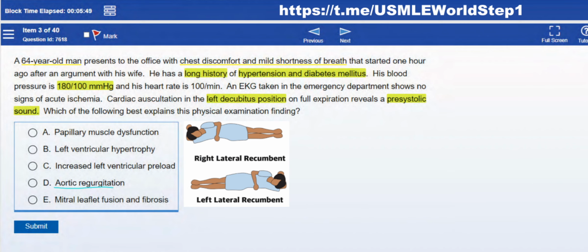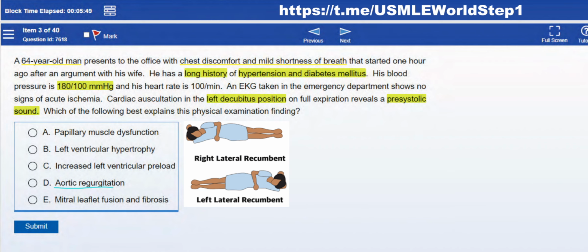Why not the other options? We will discuss each and every one. Why not option A? Papillary muscle dysfunction is usually associated with a murmur, not a presystolic sound. Why not option C, increased left ventricular preload?